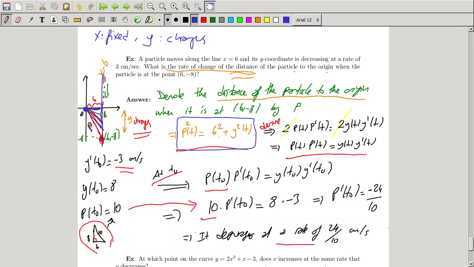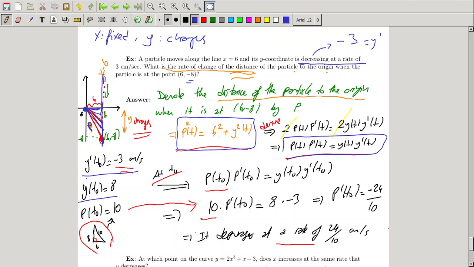And if you differentiate this quantity, we have 2 times p times p prime equals 2 times y times y prime, and we have that relation. Moreover, y prime at t0 is given as minus 3 because it is decreasing. So we have a minus sign, minus 3, which is y prime. And y at t0 is equal to 8 because it is given somewhere here.